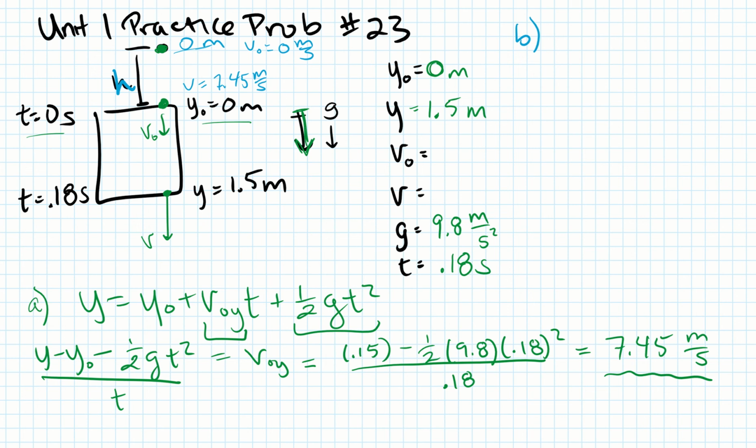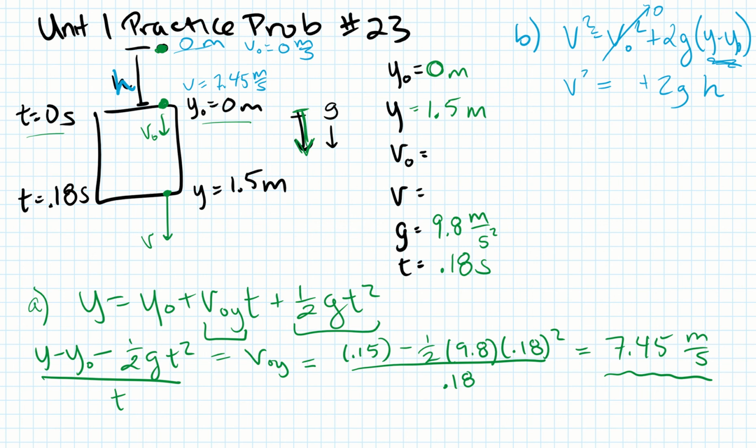If I know both my velocities, then v squared equals v naught squared plus 2g times y minus y naught is going to be a useful equation to use. And here, y minus y naught is just going to be what we've called h, which is what we're trying to find. So that changes this equation. Our v naught is 0 because it was dropped, so that whole term is 0.